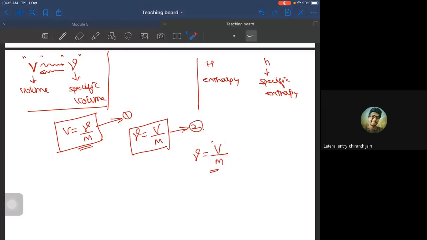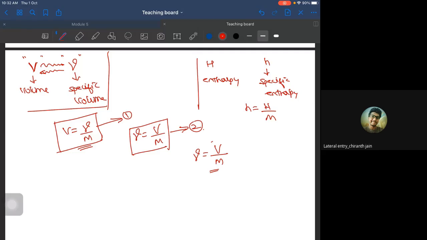Keep this in mind, very important. Here the small h, which is specific enthalpy, is equal to capital H divided by m. So this is how it goes.